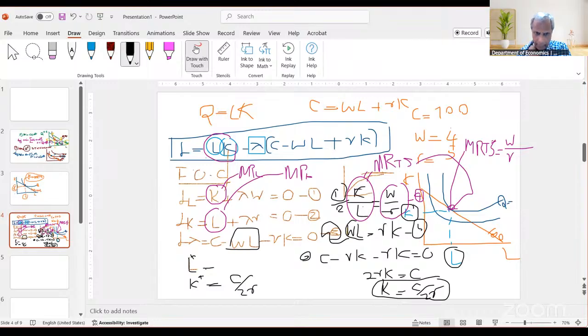And similarly you can get L also, that is C divided by 2W.